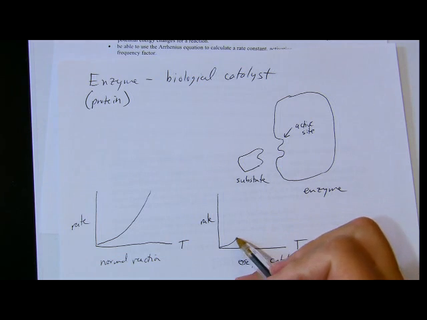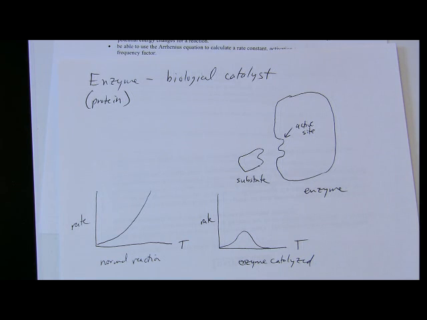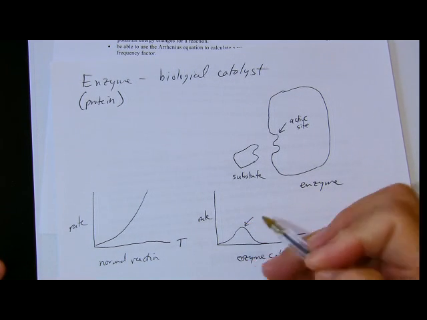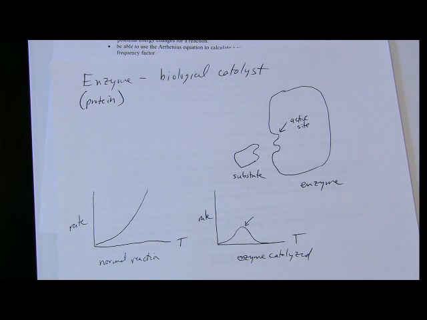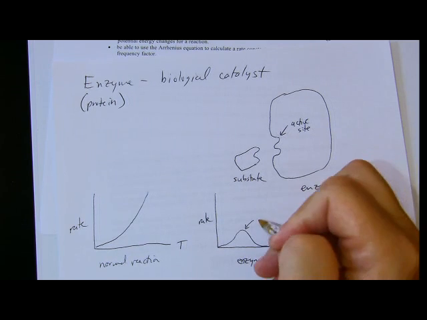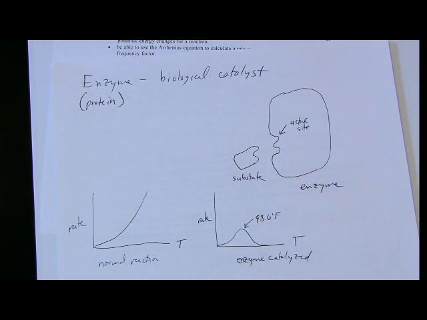It actually peaks at some point and then goes down like that. Okay, so there is a maximum, and for the enzymes in our bodies, where's the peak in temperature? 98.6 degrees Fahrenheit. That's right. So there's a peak. You go much above that, and the reaction rate goes almost to zero.